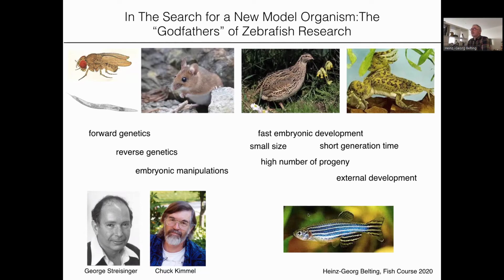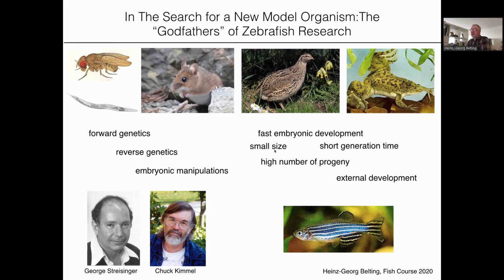So with zebrafish, there was now a model with the promise of being able to do forward genetics. Now we can also do reverse genetics. You can do embryonic manipulations, for example inject substances into the fish, do transplantation experiments, and put cells from different individuals into one to make a chimera. Then it's also very practical.